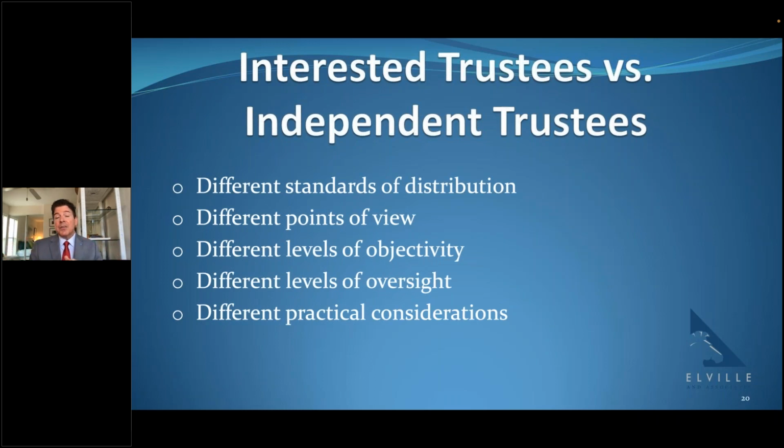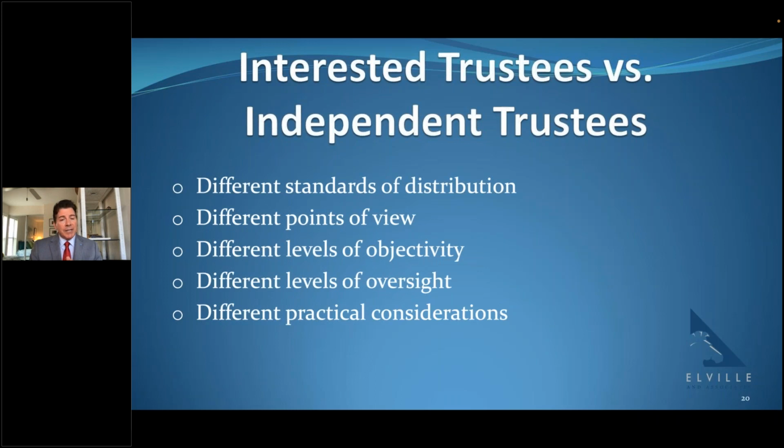That's because the standard of distribution can change, where we have an independent trustee to be more of a discretionary for any purpose standard of distribution versus the health, education, maintenance, and support ascertainable standard. So there's a reason why that asset protection can either decrease or increase depending on that standard of distribution.